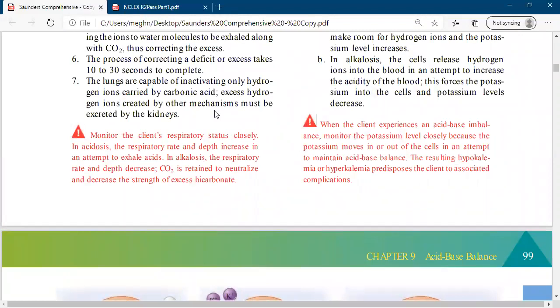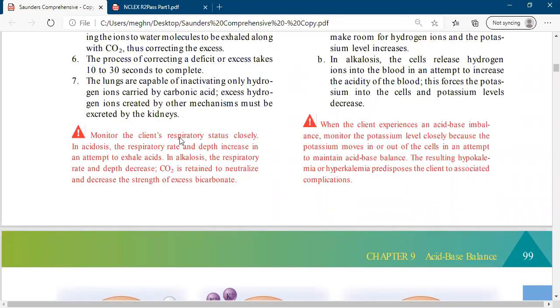So there are two notes here. One thing they said is, monitor the client's respiratory status very carefully.